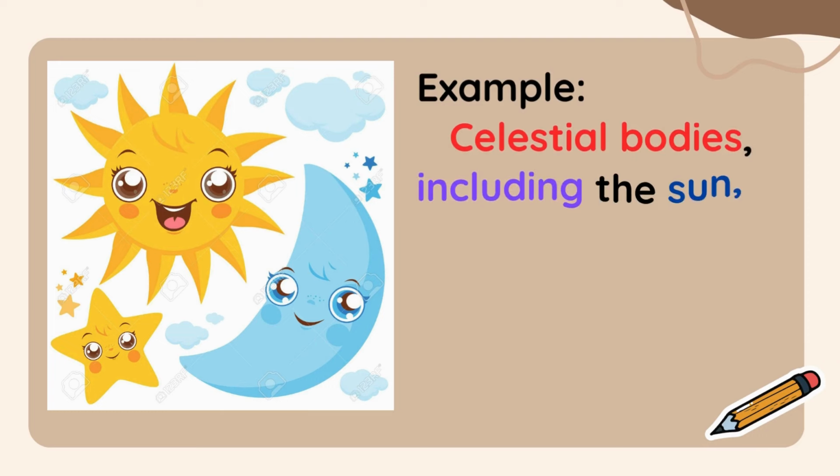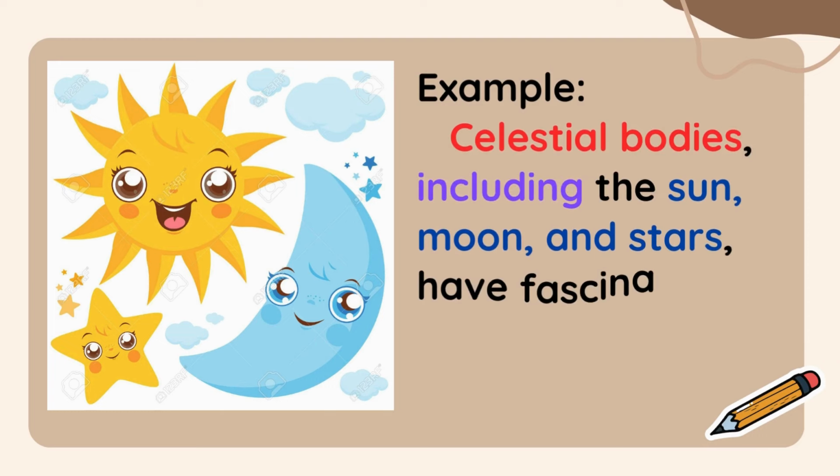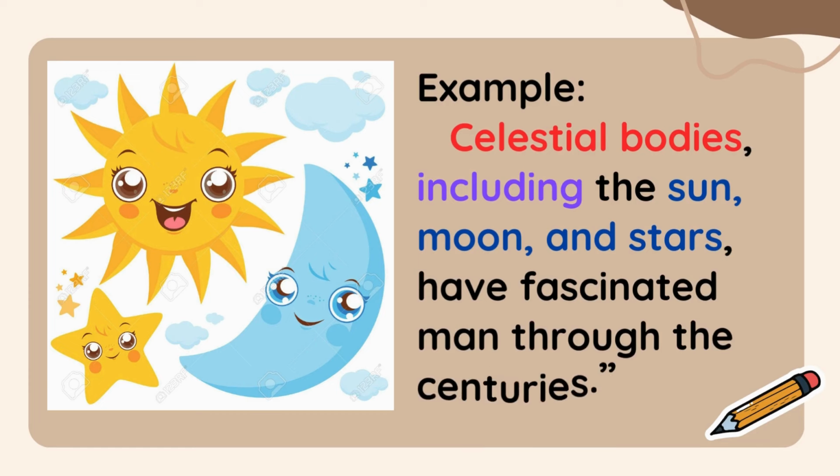Example: celestial bodies, including the sun, moon, and stars, have fascinated man through the centuries. In this example, it shows that celestial objects are those in the sky or heavens. By using these types of context clues, you will be able to infer the meaning of unfamiliar words.